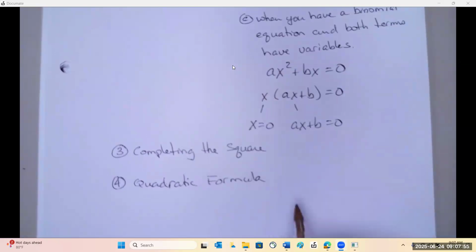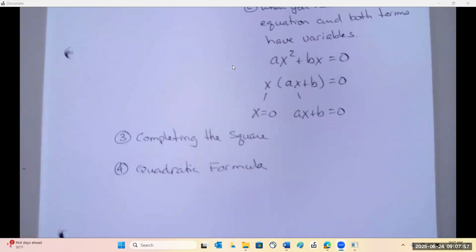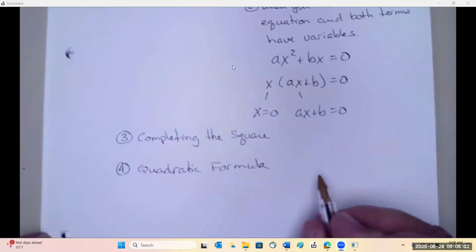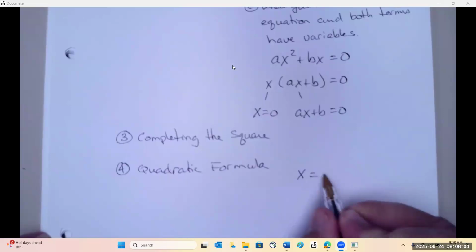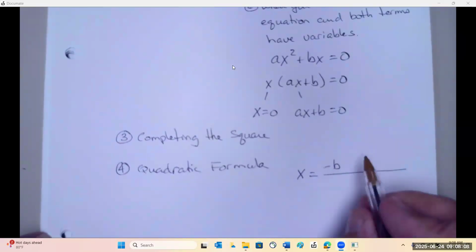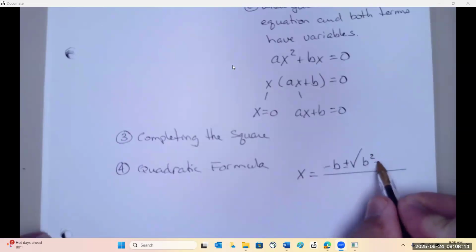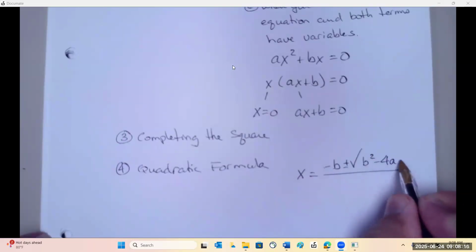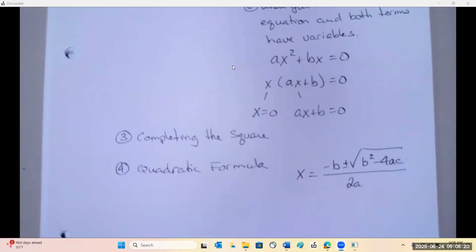The quadratic formula, does anybody remember it without looking at your notes? Very good. That's the formula.